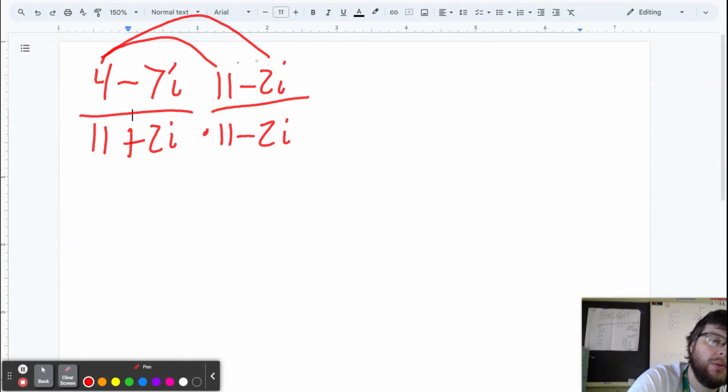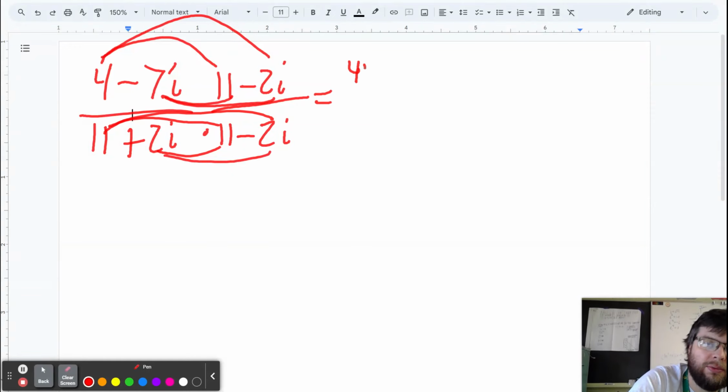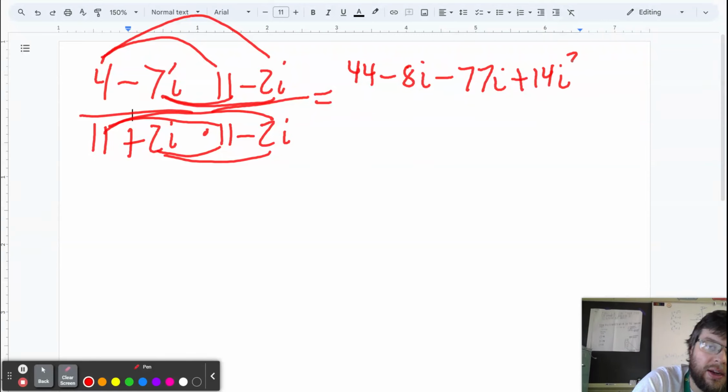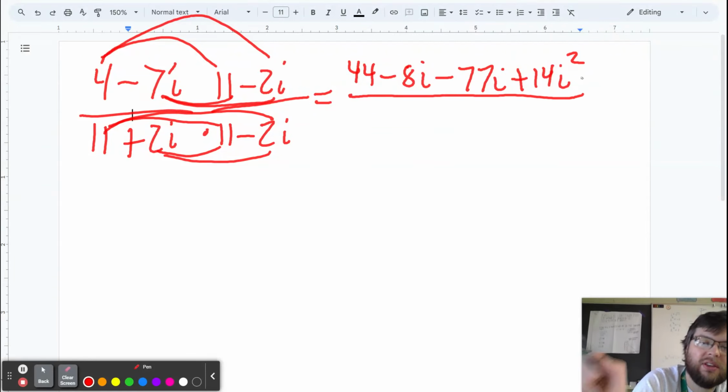So we're just going to do a lot of multiplying. 4 little multiplication problems on the top, 4 little multiplication problems on the bottom. So we got 4 times 11, 4 times negative 2i, negative 7i times 11, negative 7i times negative 2i. Please double check that you get why all 4 of those pieces make sense for the numerator.